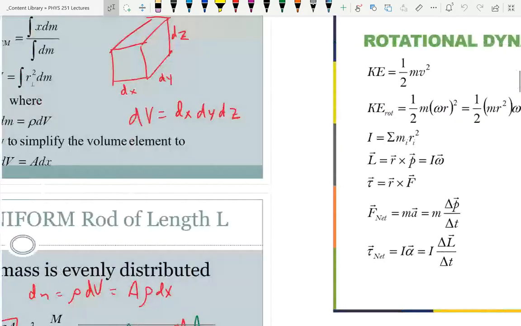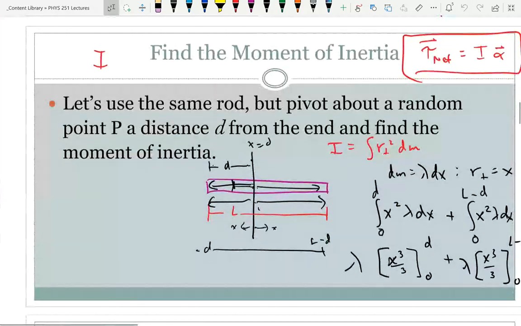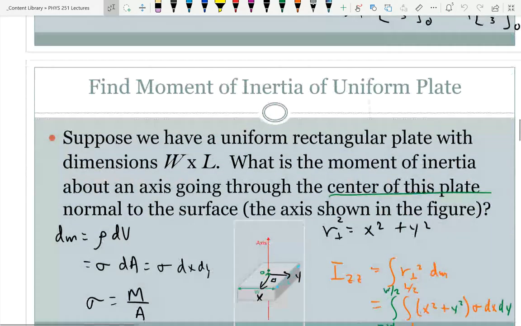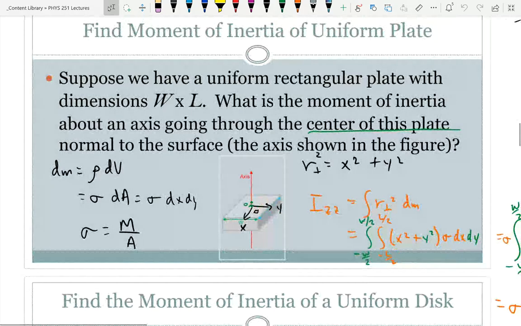The calculation that we ended with last class period was calculating the moment of inertia of a uniform plate about its axis through the center. When we talk about moments of inertia, remember, moment of inertia depends on the axis you're rotating about. This is called the moment of inertia about the z-axis.